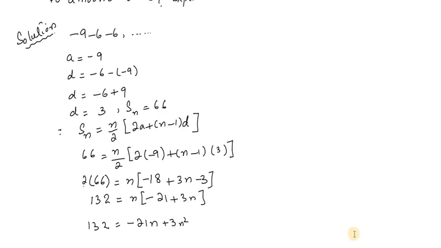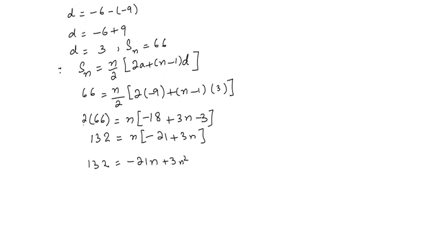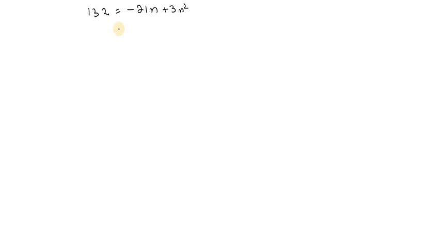So we get a quadratic equation, and we have to find the value of n with the help of the quadratic formula or factorization method. So 3n square minus 21n minus 132 is equal to 0 is a quadratic equation. Okay, we can take 3 common from this equation.